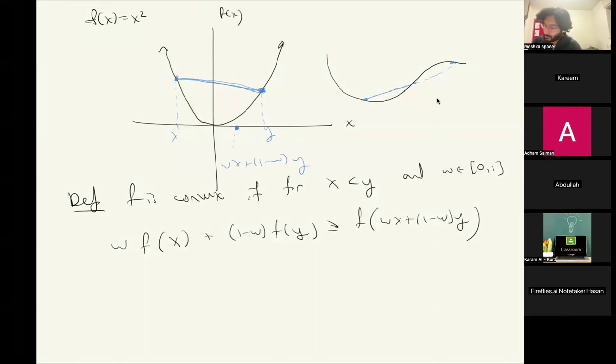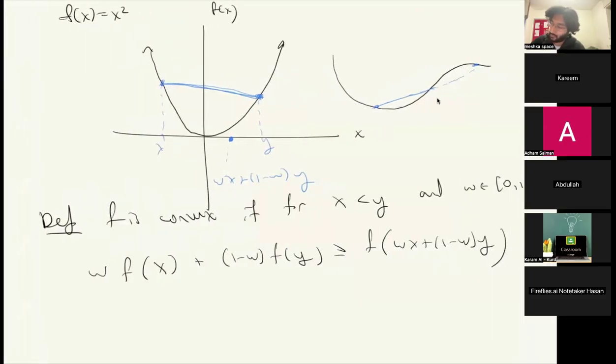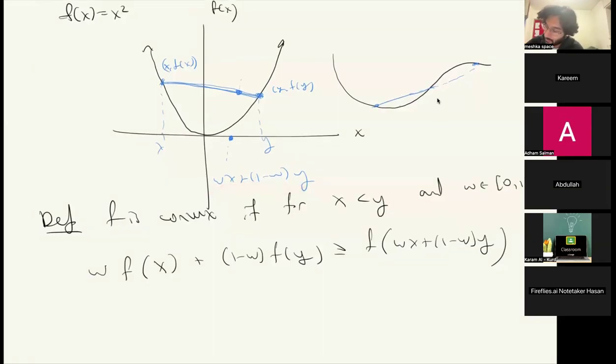Here we have x comma f of x, and here we have y comma f of y. Here is wx plus 1 minus wy, and the y coordinate here is this number.